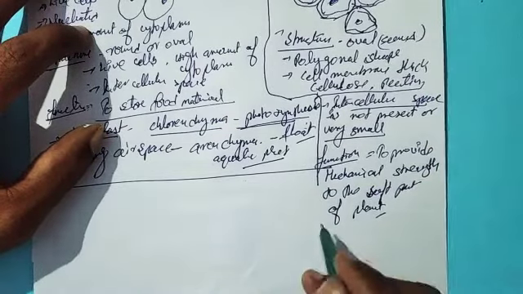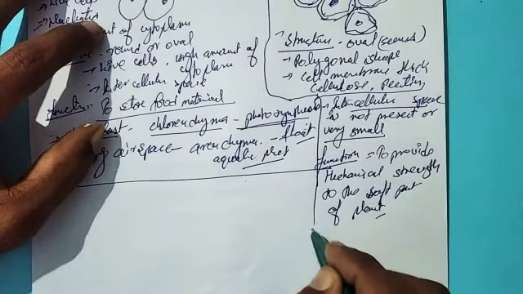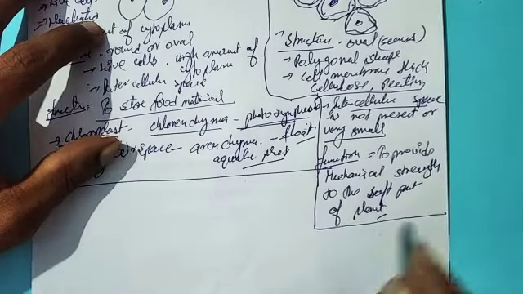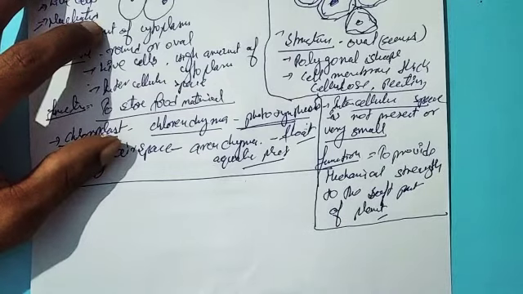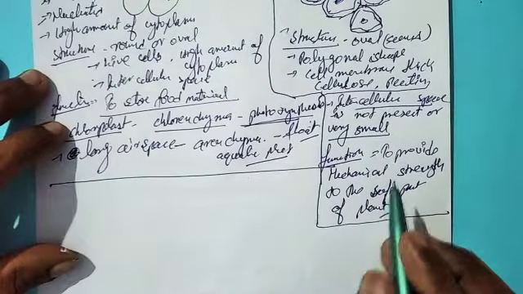Means they are found in the soft parts of plants, like stems.